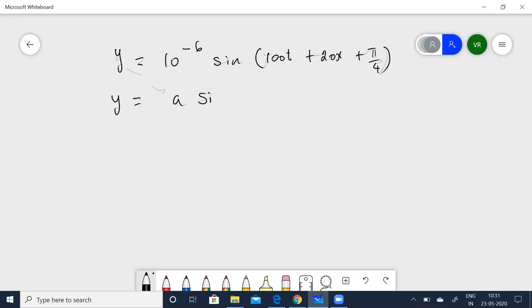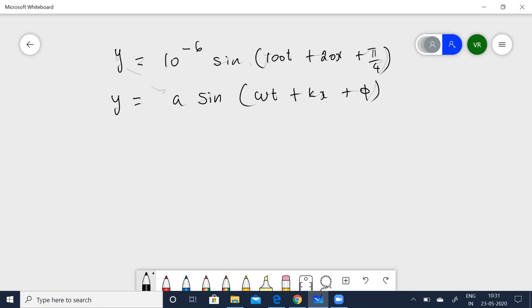It is given that y is equal to 10 to the power of minus 6 sine (100t plus 20x plus pi by 4). Now you can compare with the general equation y is equal to a sine (omega t plus kx plus phi).